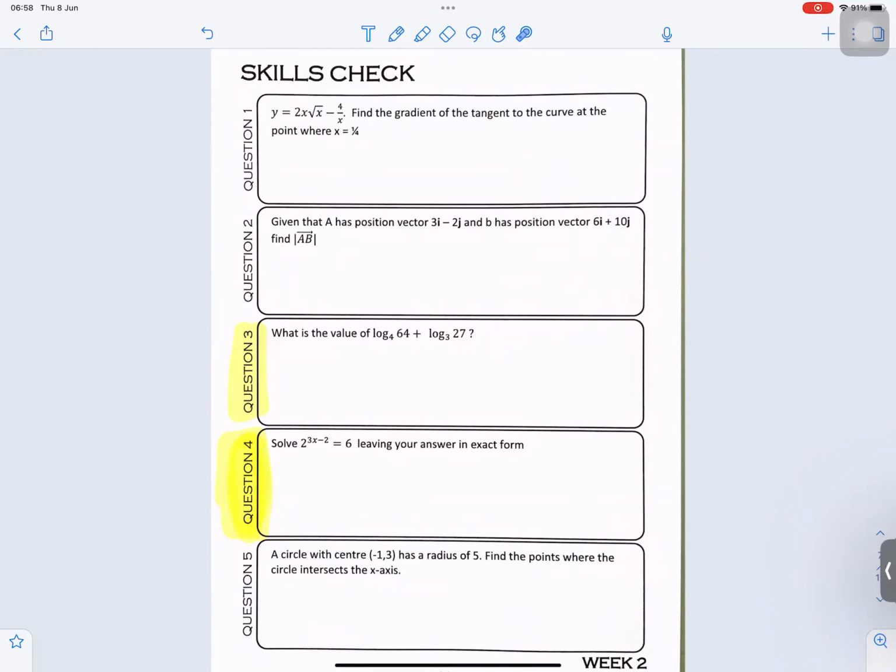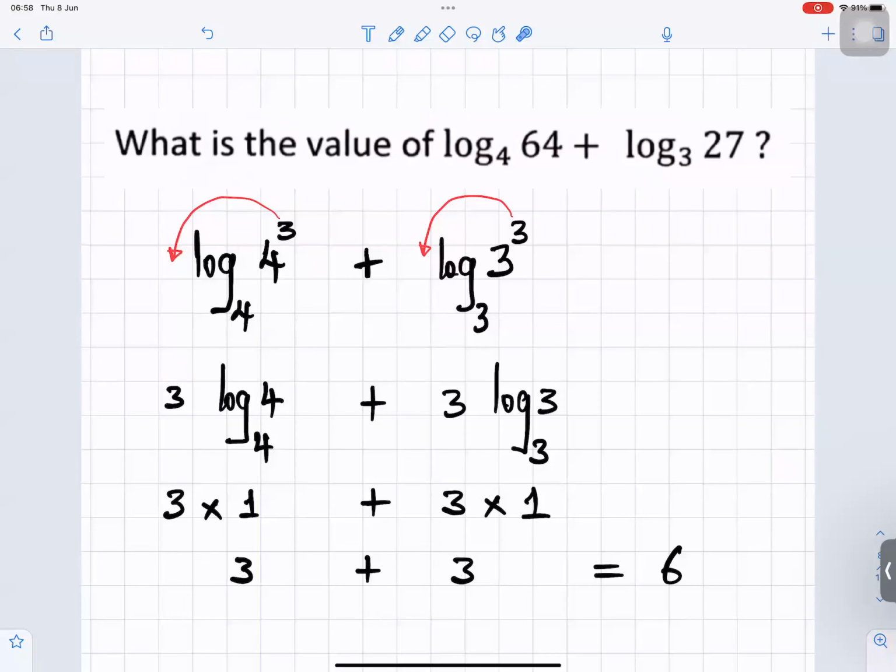Okay, some other questions on skills check logarithms. I will do question 3 and also question 4. What is the value of log 64 to the base 4 plus log 27 to the base 3? The base is 4 there, the base is 3. So 64 is the same as 4 cubed. 27 is the same as 3 cubed.